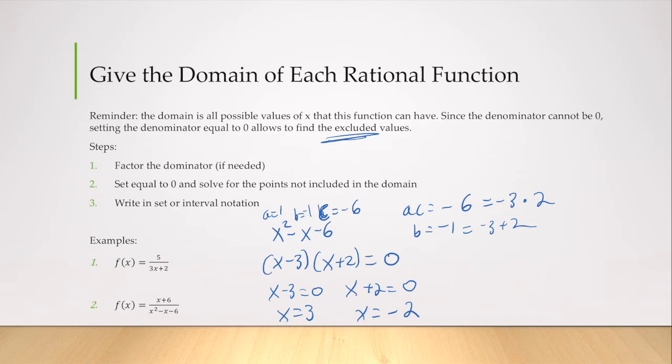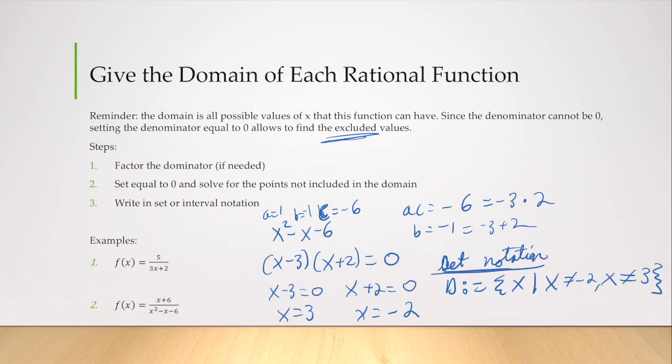So I'm going to go ahead and write that in set notation. My domain is all values of x such that x doesn't equal -2 and x doesn't equal 3. This would be in set notation.